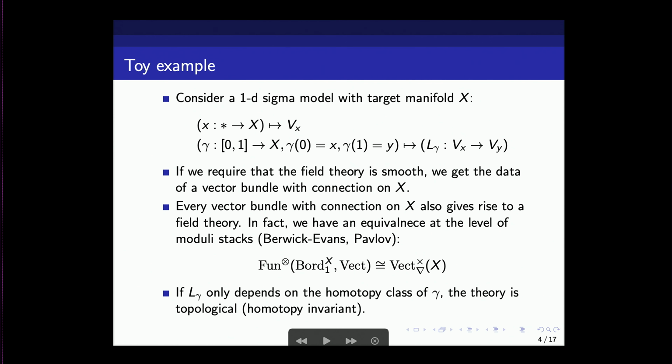Inside this moduli stack of field theories, you could consider a more constrained class. You could say, let's not consider all field theories, but just the ones where we want the transport functor to only depend on the homotopy class of the path. In this case, I would call that a topological field theory.